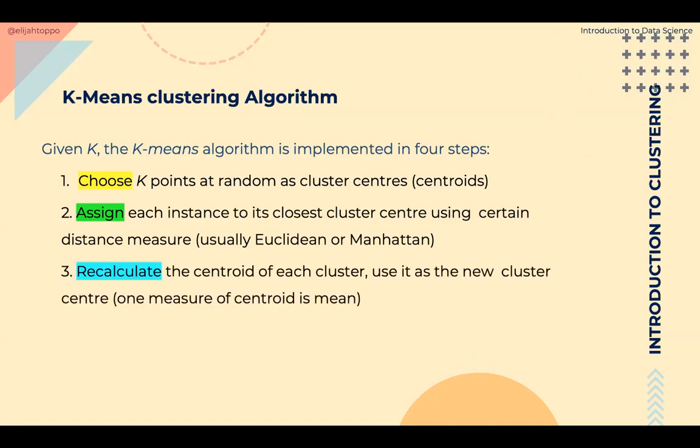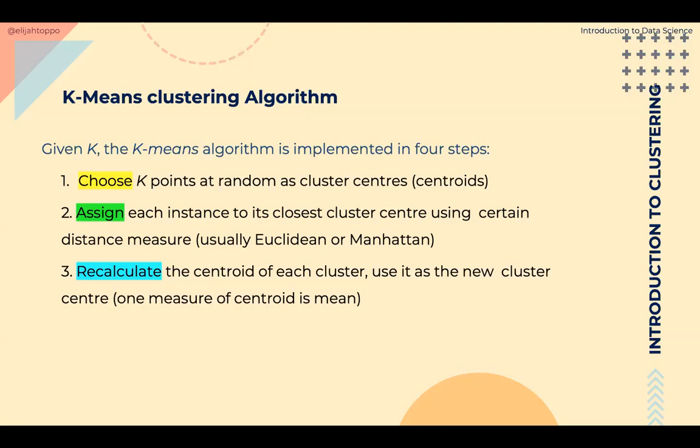Okay. Once we have assigned everything, now we have 4 different clusters. For these 4 different clusters, we'll recalculate the centroid. Now there are new points added to each cluster, and with these additional points, we can recalculate the value of the centroid. Of course, the centroid will move so long as the clusters are unstable. So the cluster centroids will move, and we will have a new cluster centroid.